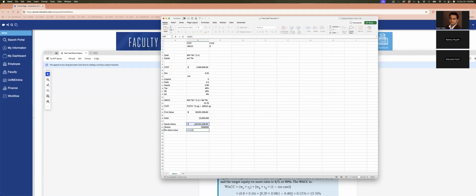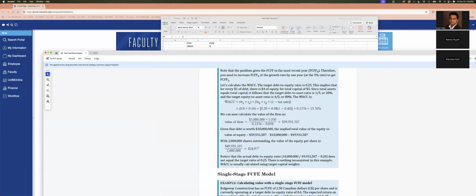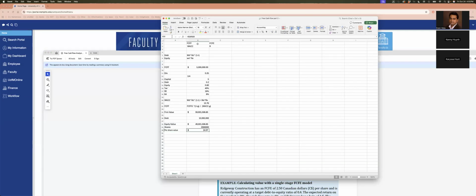That comes around 24.5. No, sorry, it gives you $24.97. So based on that company valuation, you can come up with $24.97. Can you guys understand this, or do you want me to explain it again?